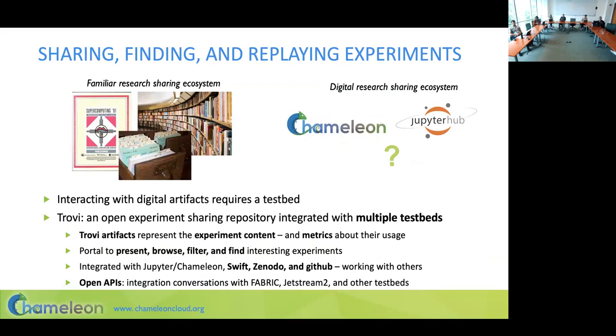If you share digital content, it's not so easy because you need either visualization or a programming environment to replay that experiment, or you need the infrastructure. Right? So I would argue that sharing experiments should be done close to the infrastructure, especially if your experiments have a strong dependence on infrastructure, right?